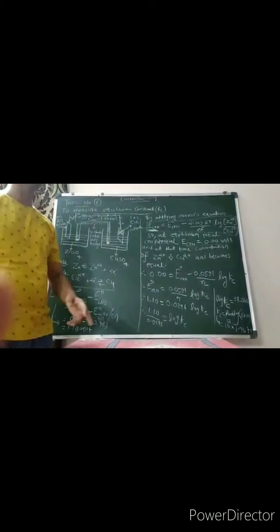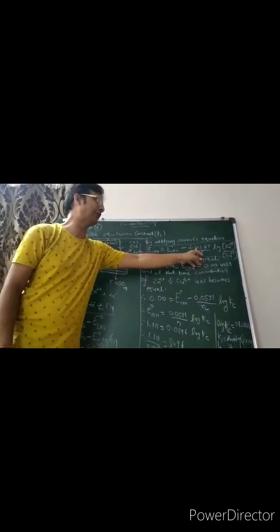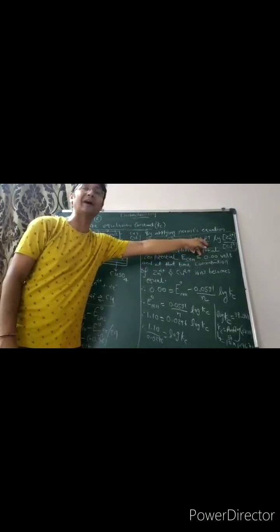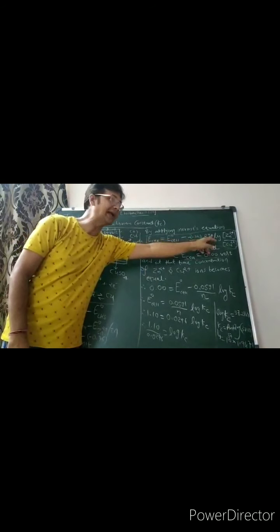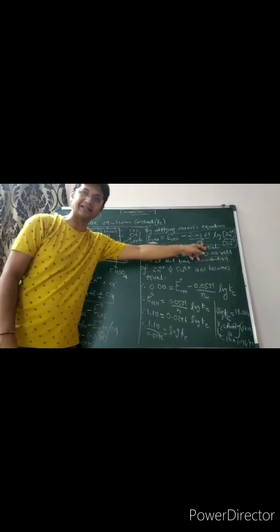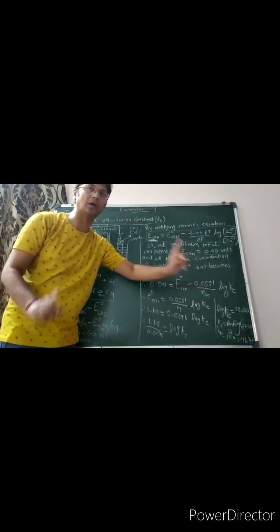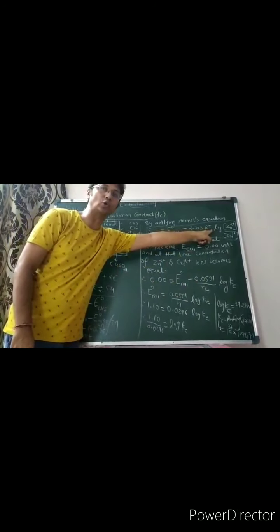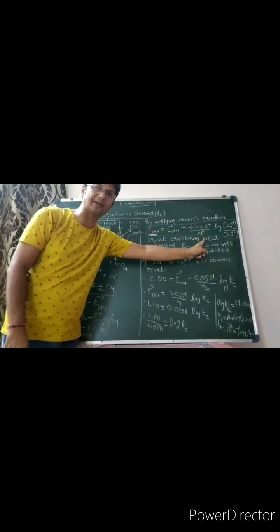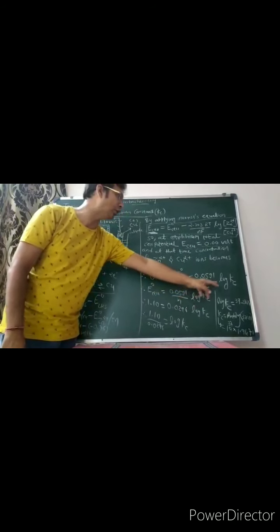Now how do we get 0.0591? I already informed you in the last lecture: 2.303 into R, which is 8.314, into temperature 298, divided by Faraday, 96500, gives the value 0.0591. So 2.303 into 8.314 into 298 divided by 96500 gives 0.0591, divided by n, into log Kc.